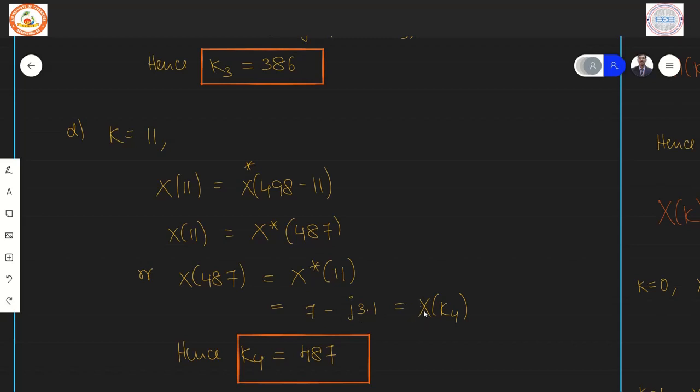It's same as the value of x of k4 given in the data. Hence, k4 value should be equal to 487. So here was a simple problem which is based on the symmetry property of a real valued sequence.